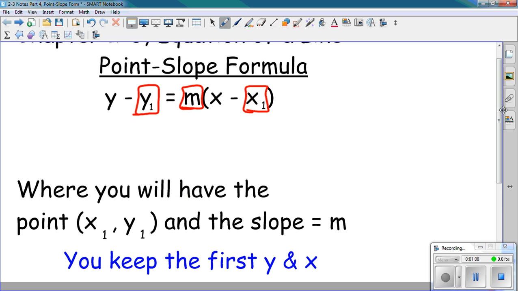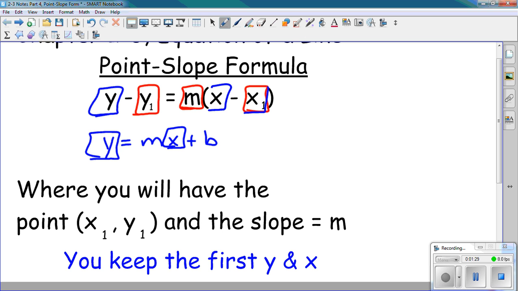Something that you need to know: y equals mx plus b is the equation you're used to using. The y in this equation and the y in this equation mean the same thing. The x in this equation and the x in this equation mean the same thing.